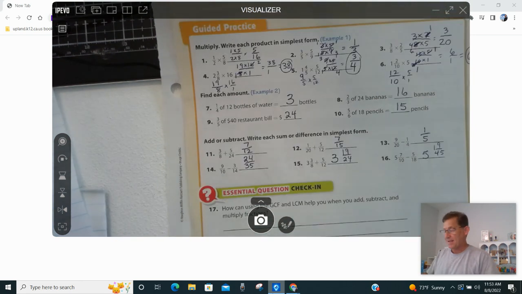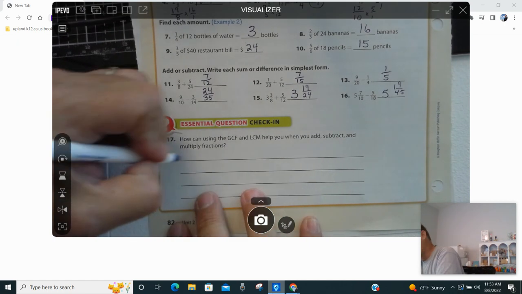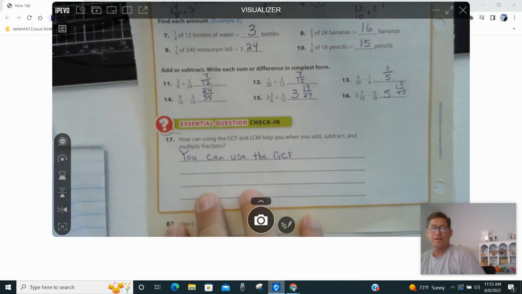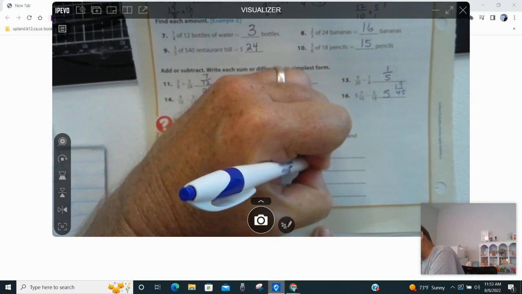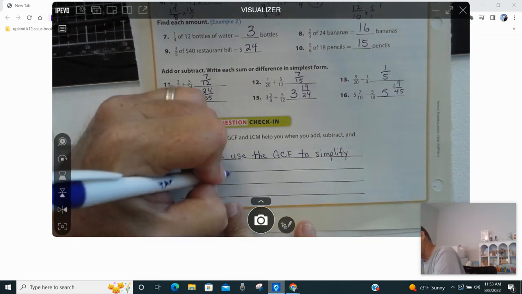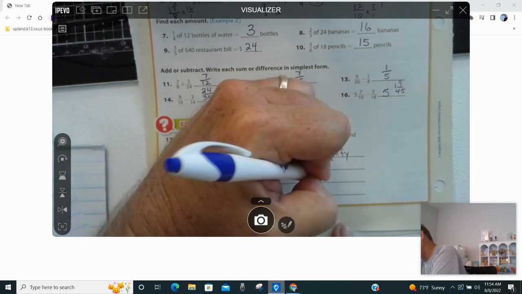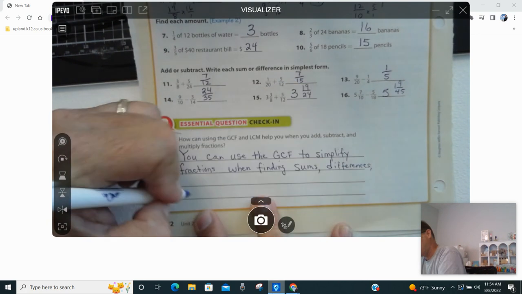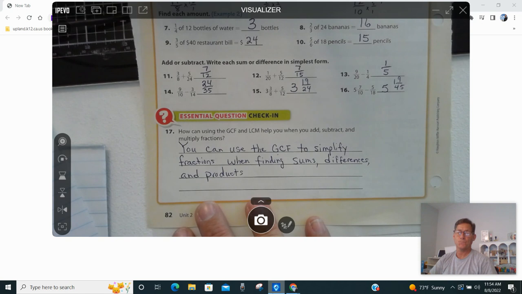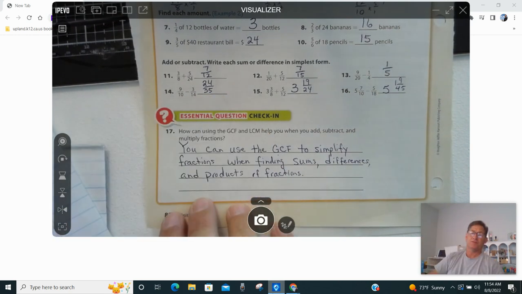And 17. How can using the GCF and LCM help you when you add, subtract, and multiply fractions? All right, well, we can use the GCF to simplify fractions when finding sums, differences, and products. Okay, so that's how GCF would be helpful.